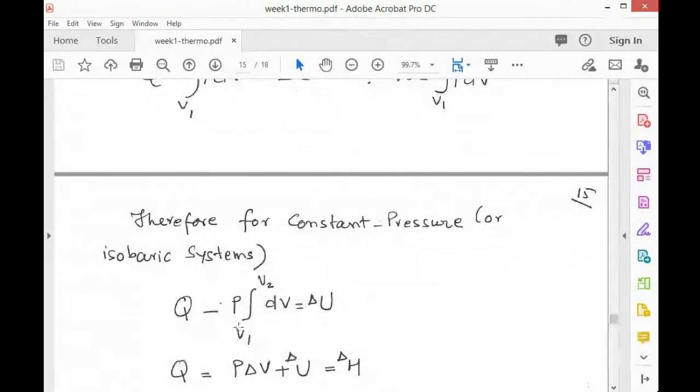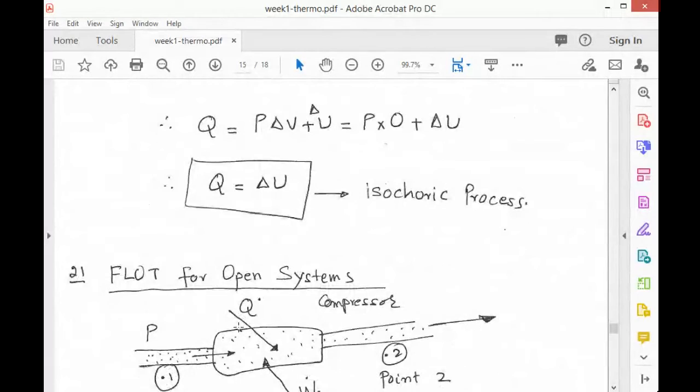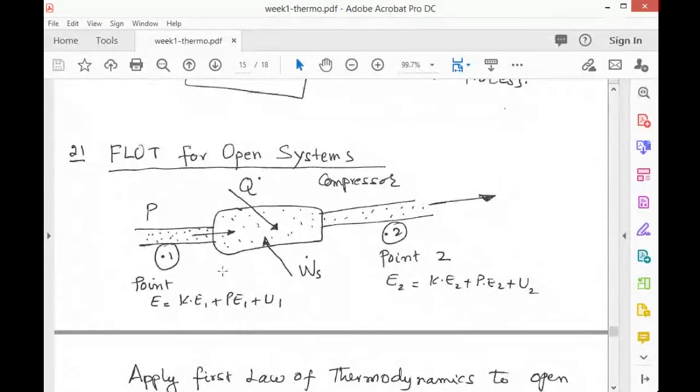Now we talk about the open system. In an open system, mass is coming in and mass is leaving, so the condition is different. Point 1 is called the entry point, and point 2 is called the exit point. In the closed system, we do not have entry or exit points.